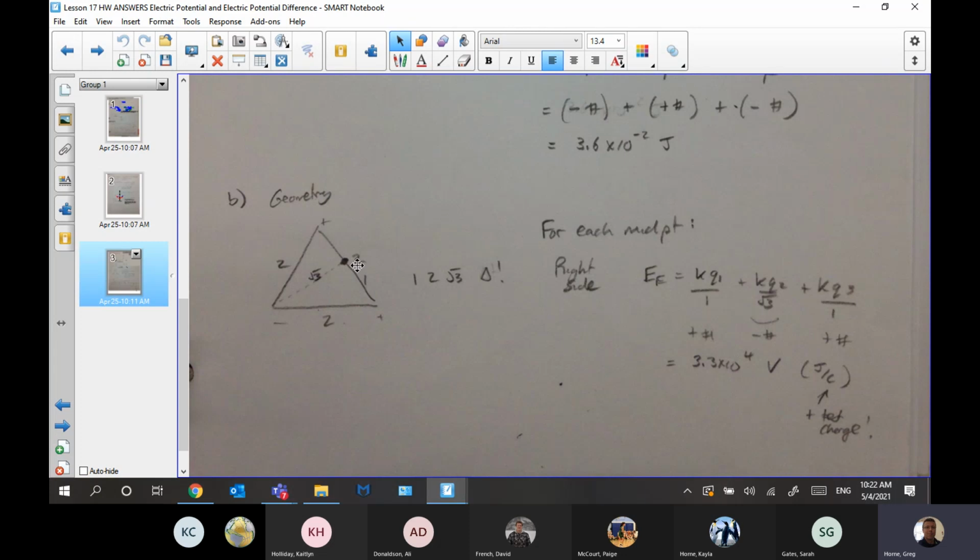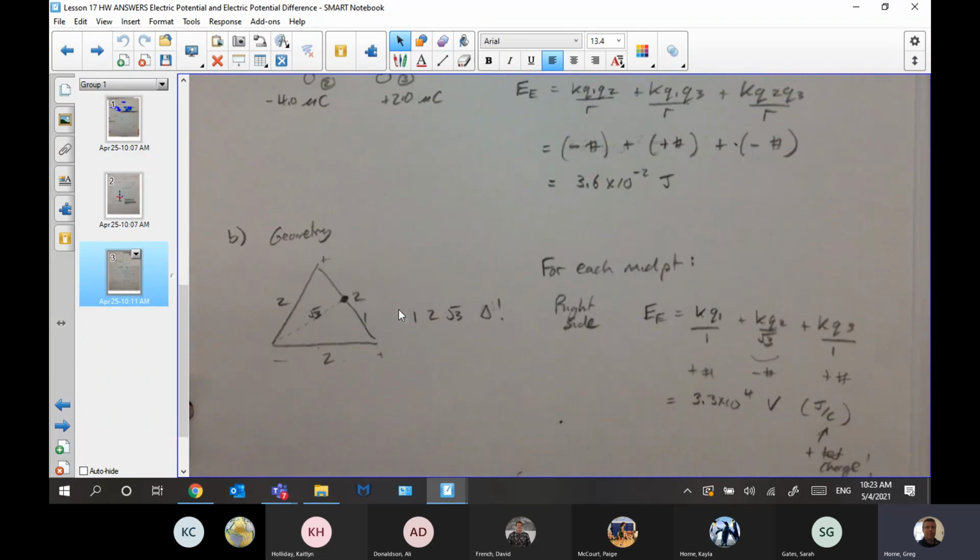So basically, from the midpoint, see how one of my distances now is this √3 number from doing geometry work to do with the triangle itself. So you've got a 2, 2, 2 triangle, it's equilateral, and so this ends up being a 90-degree angle in here.